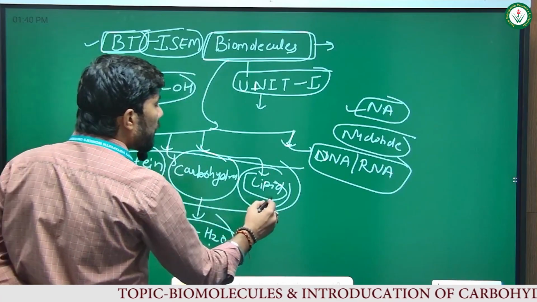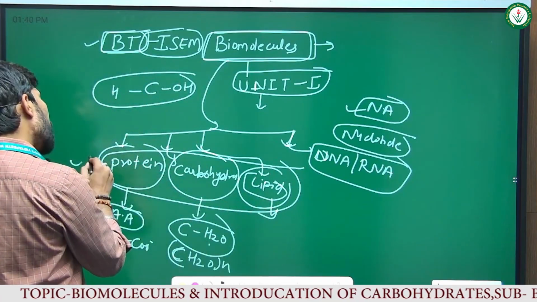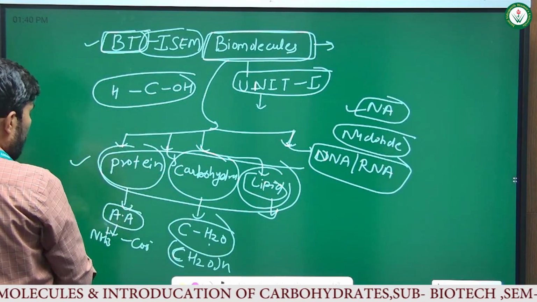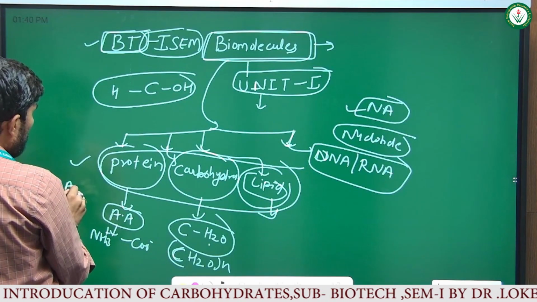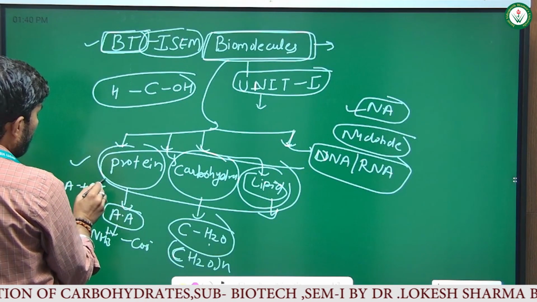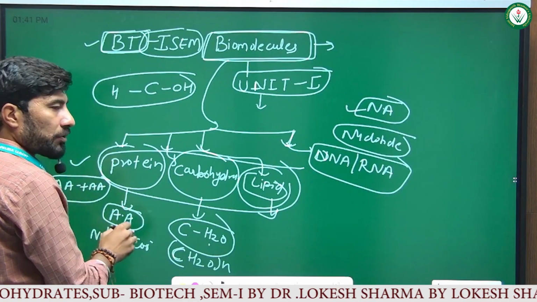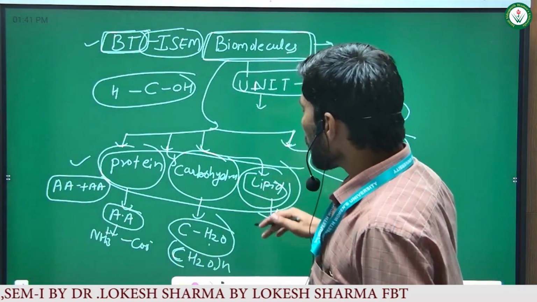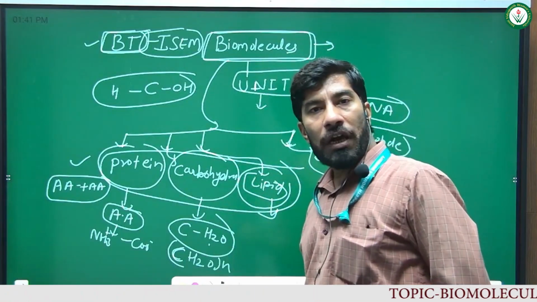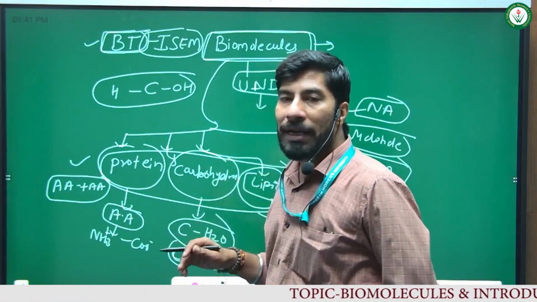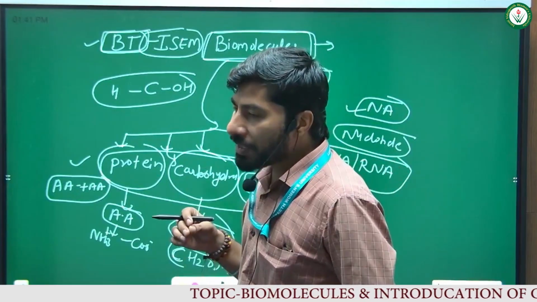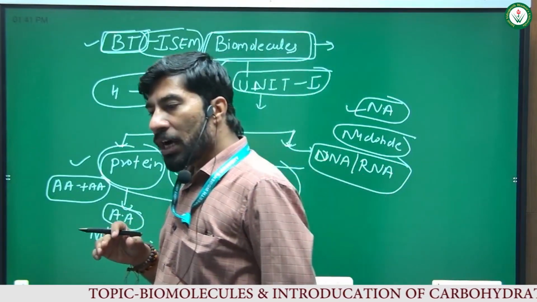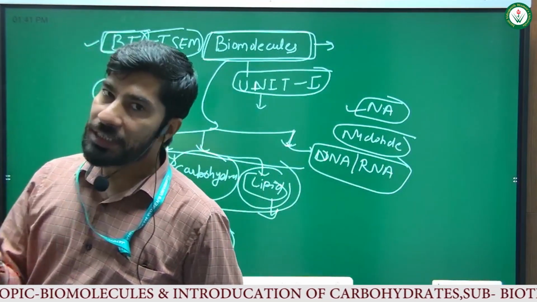Protein is made up of amino acid units, and carbohydrate is hydrates of carbon. We can also know carbohydrate as a saccharide unit, and carbohydrate is also known as sugar. Basically, carbohydrate is known to be sweet in taste.